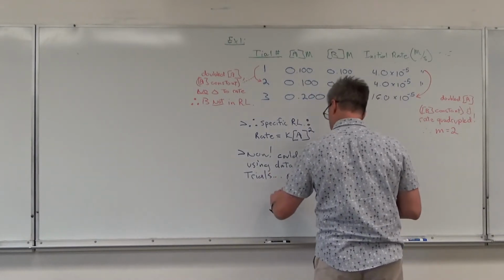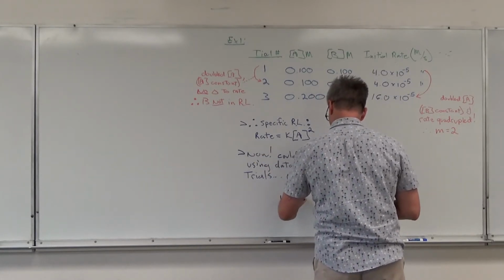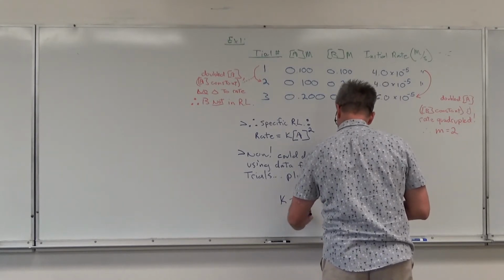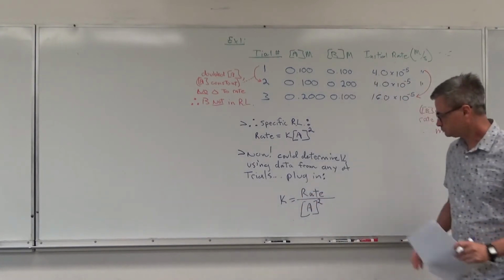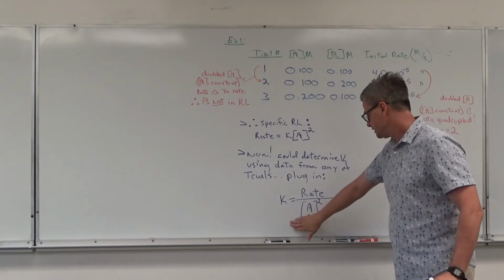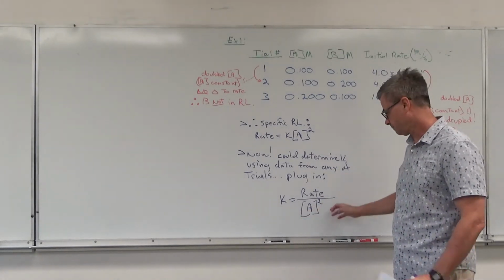Plug into the rearranged formula. Rearranged formula for here would be K equals the rate. If you had a different specific rate law for your particular reaction, then the form of this one when you solve for K would be a little bit different too.